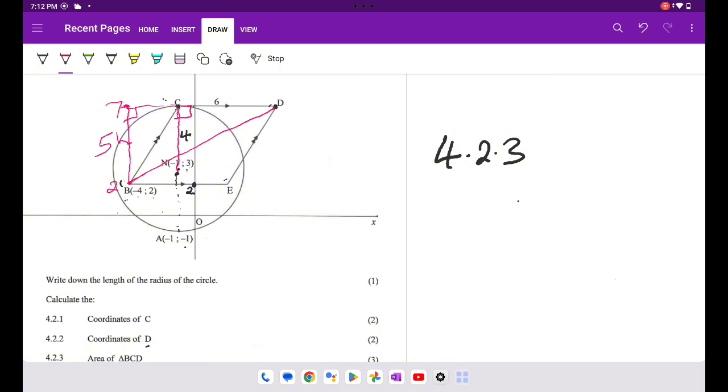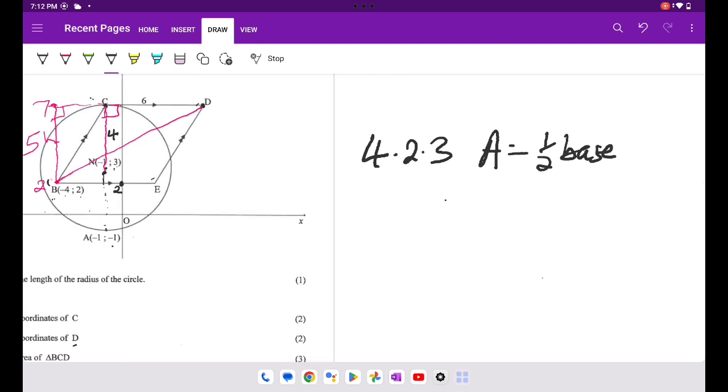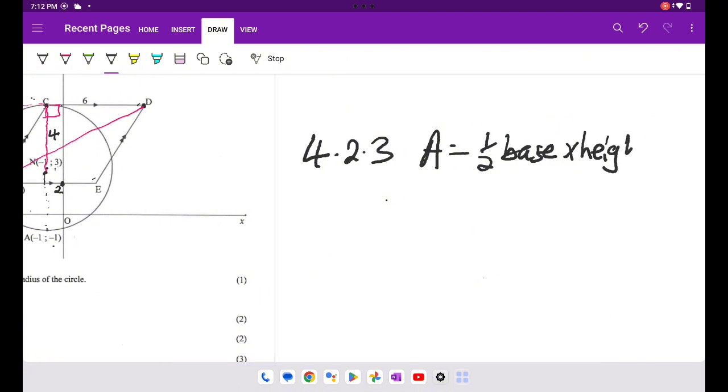So now that we want the area, we will say the area is half base times height. So already we have calculated the height.